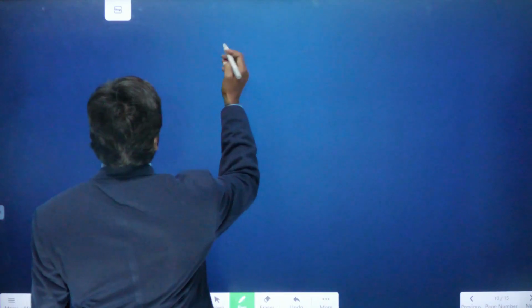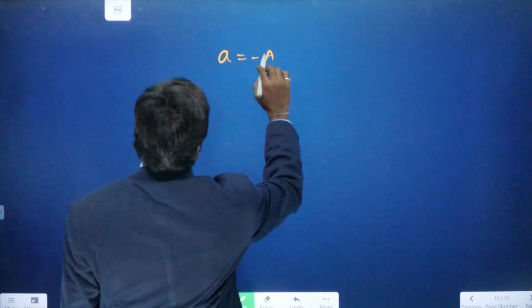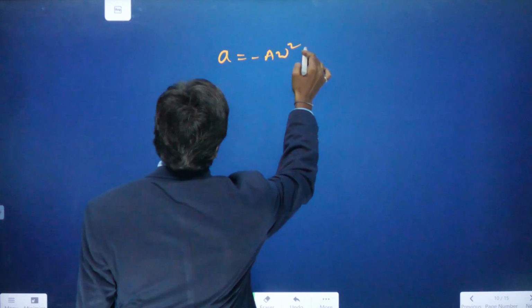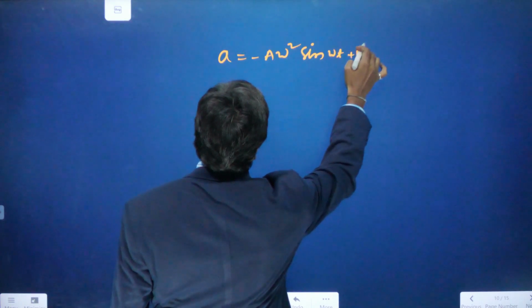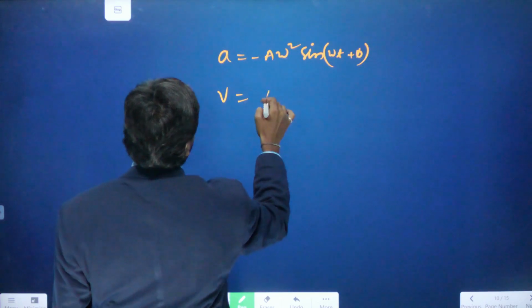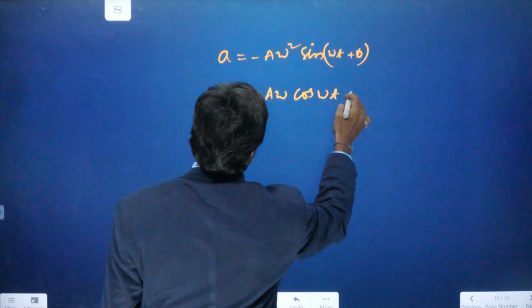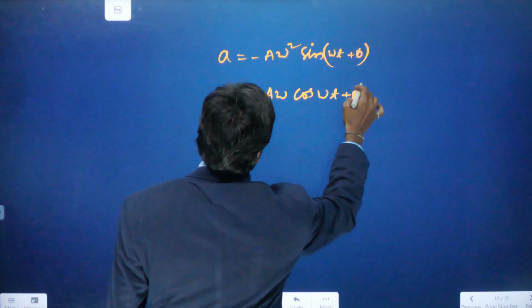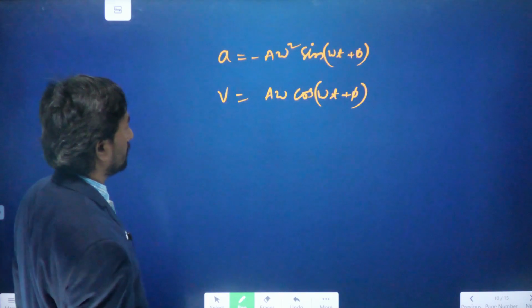We got the acceleration formula: acceleration is minus a omega square sine of omega t plus pi. And here v is equal to a omega cos of omega t plus pi.